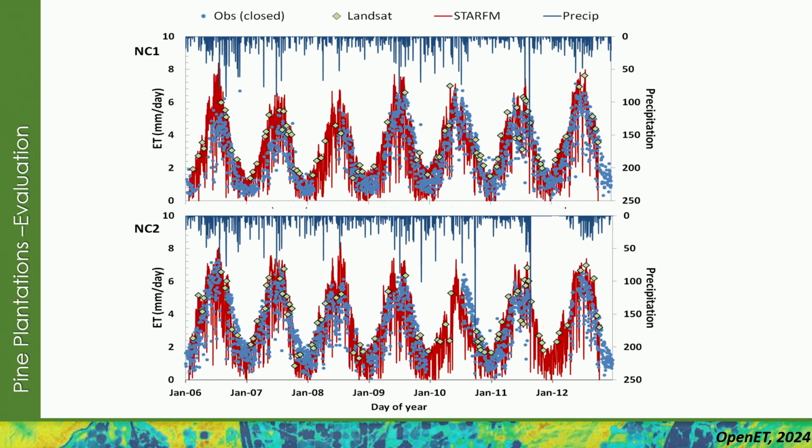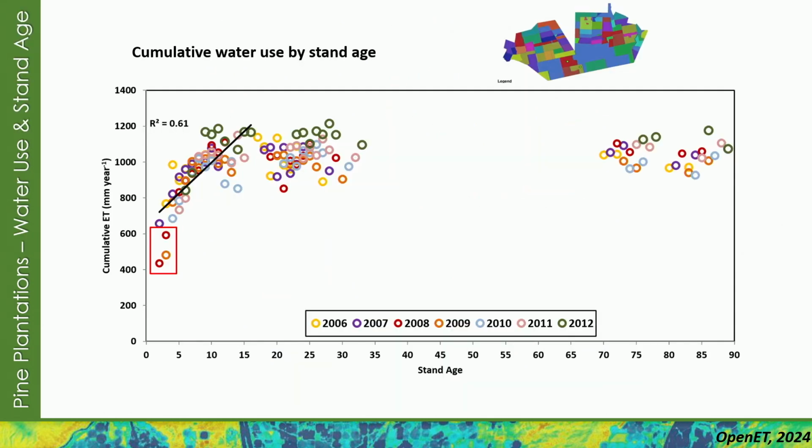You can see for both the young plantation and the mature plantation, we are doing a very nice job compared with the field observations. And then with this data, we further look at the water use by stand age, which is also what Jimmy just mentioned. We all know that from single trees, you can measure how that tree is using water. But scaling is hard.